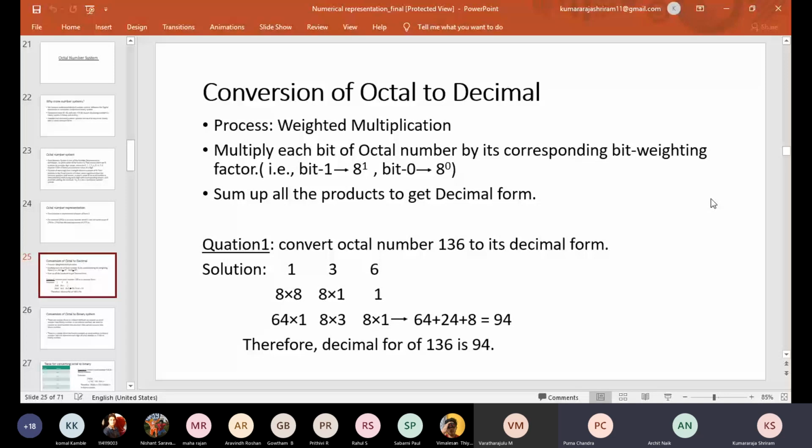First we find the corresponding weighing factors. For 6 it will be 8 power 0, which is 1. For 3 it will be 8 power 1, which is 8, and for 1 it will be 8 squared, which is 64. We multiply each octal digit by its weighing factor. Then we get 64 plus 24 plus 6 (it's 6, not 8, that was a mistake there). So we get 94 in its decimal form.